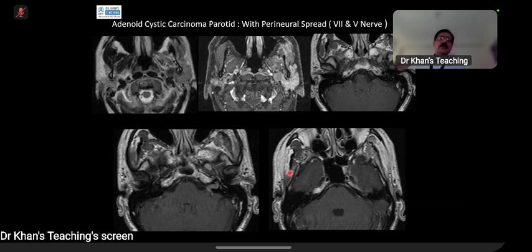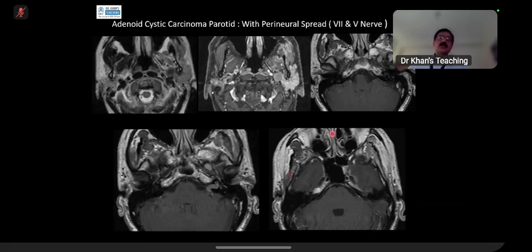In lower motor neuron lesions, when you are worried about lower motor neurons of the facial nerve, please remember that you cannot just do brain imaging and sit on it, because the lesion might be in the temporal bone or it might be in the parotid. So that's the key learning point.